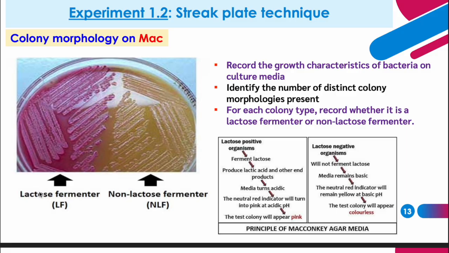For the lactose fermenter, if these bacteria that grow in the MacConkey agar utilize the lactose, they will show in pink color. But if these bacteria cannot ferment lactose, it will stay the same like this, quite transparent or colorless.